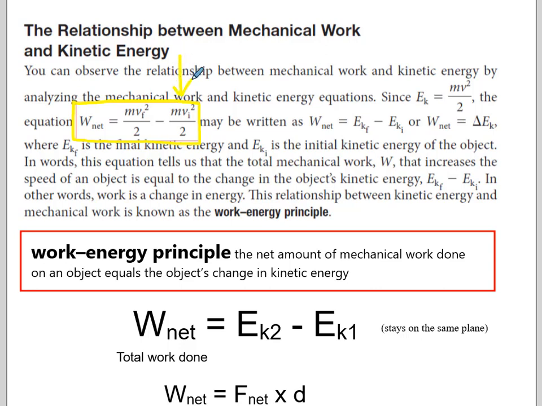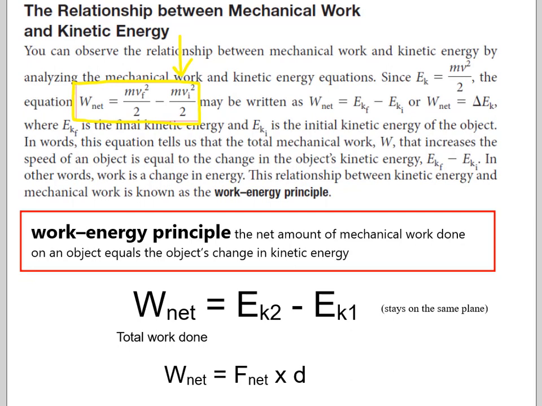But what if the object is moving when it starts the problem? So if the object has initial velocity and it changes to another velocity, we can figure out how much work is done or how much energy is changed by using this expression. Okay, so none of the calculation is particularly overwhelming. It's just keeping track of some of those ideas.